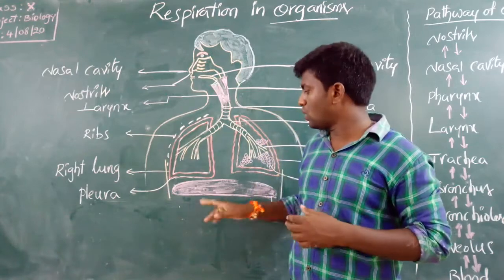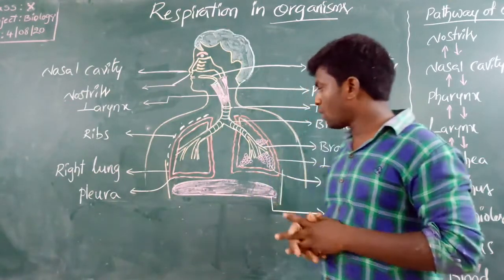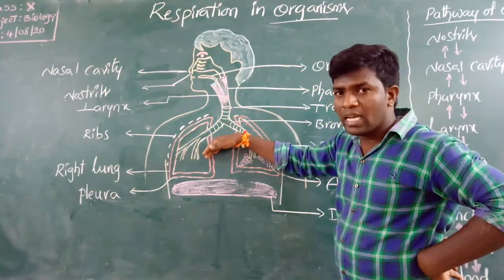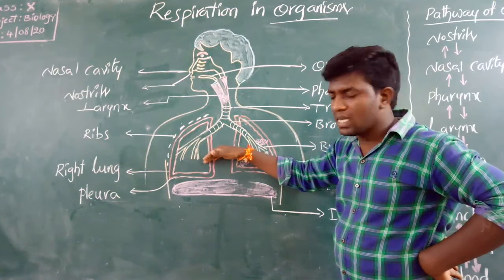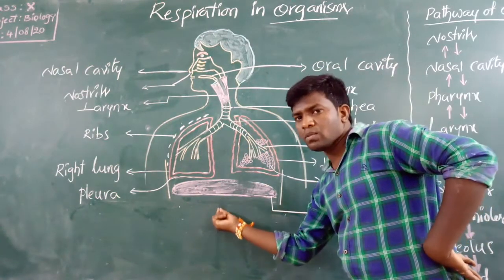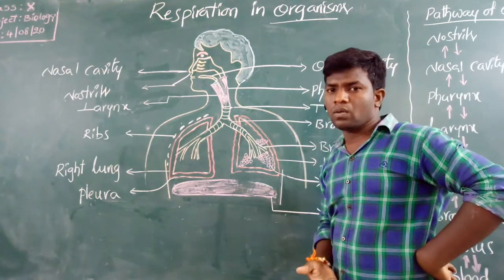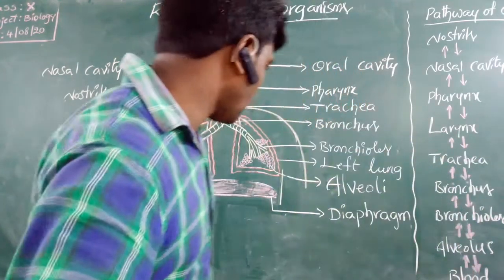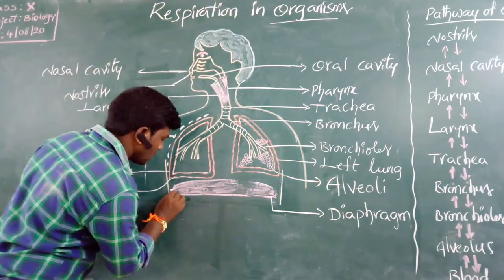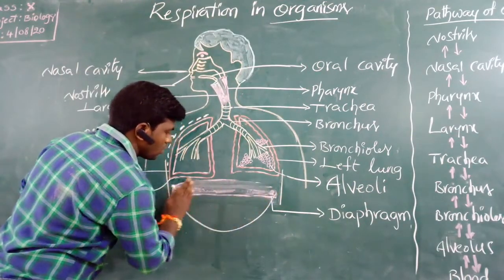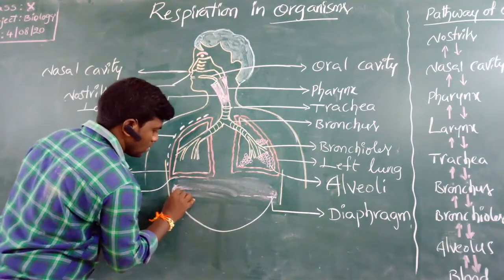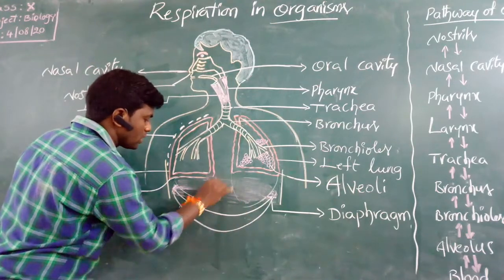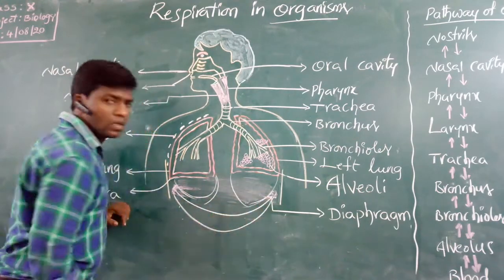So this is about the diaphragm. Have you understood clearly? While we are breathing in, the lungs are filled with air, so the volume of the lungs increases. Then the diaphragm comes down like this, because the lung volume is increasing.